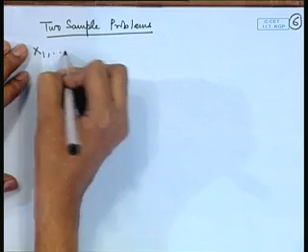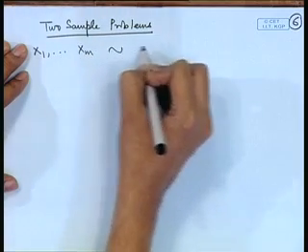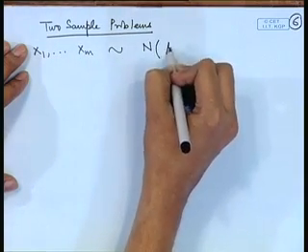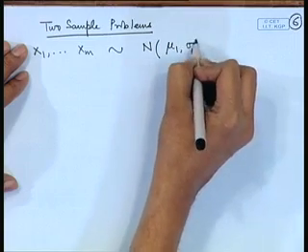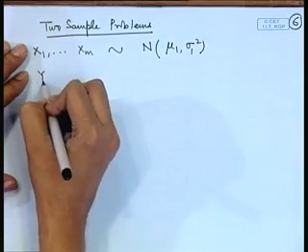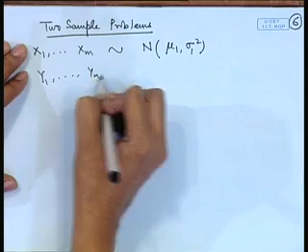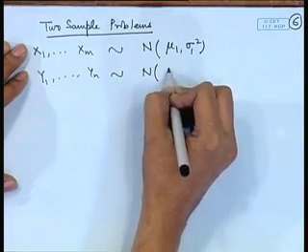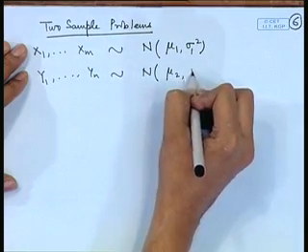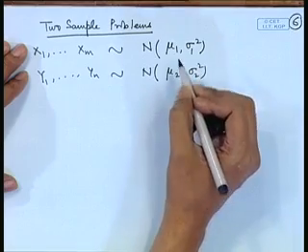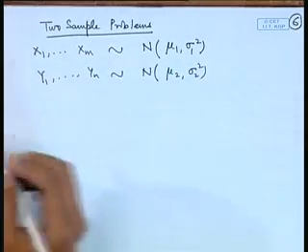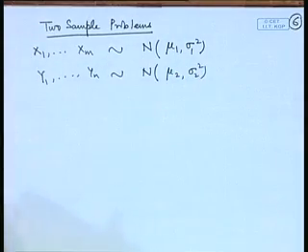Let x1, x2, ..., xm be a random sample from a normal distribution with mean mu1 and variance sigma 1 square, and let y1, y2, ..., yn be a sample from another normal population with mean mu2 and variance sigma 2 square. This type of situation occurs when we are interested in comparing two different setups.